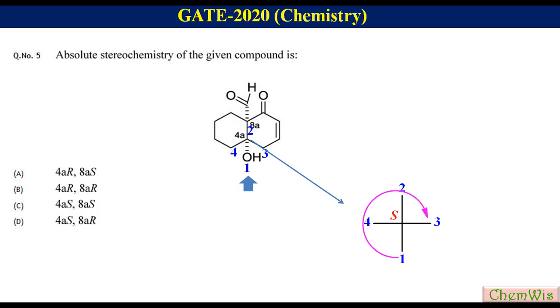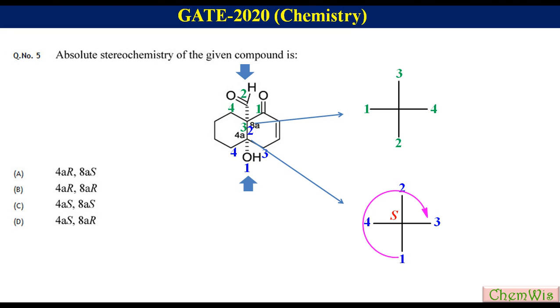Similarly, for 8A, label the groups attached to the chiral center as 1, 2, 3 and 4 based on their priorities. Make a cross. View the chiral center like this. 1 is left, 4 is right, 2 is below and 3 is above.